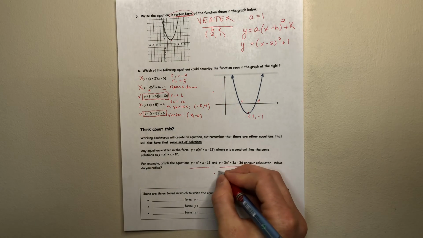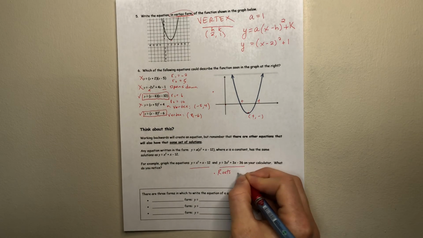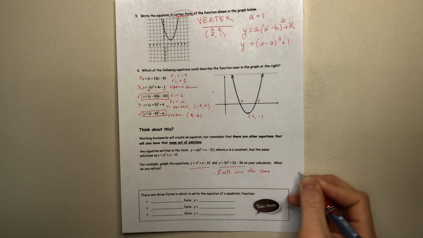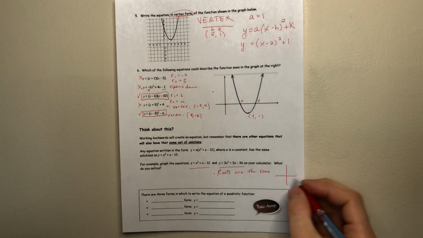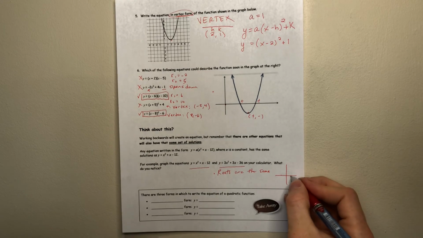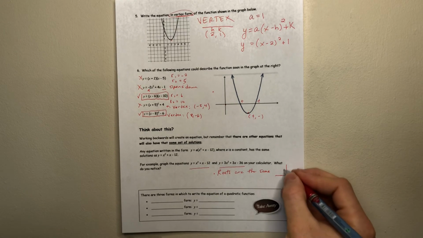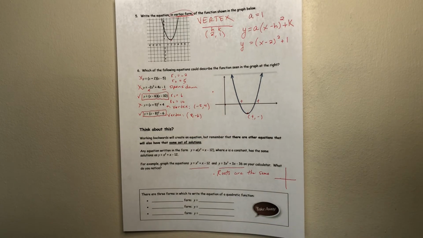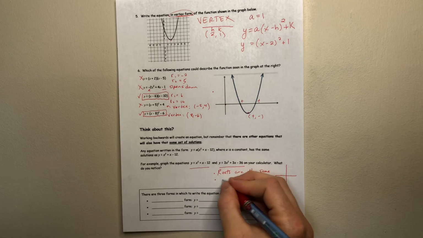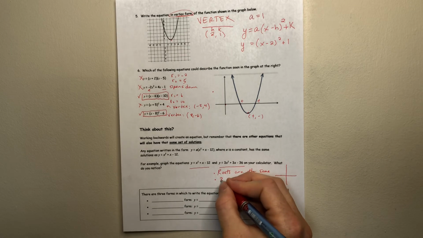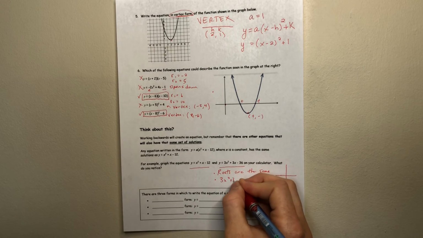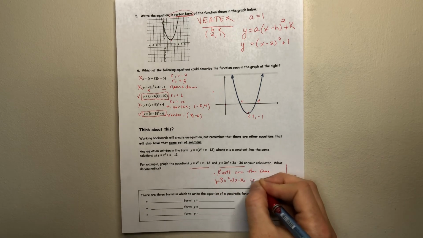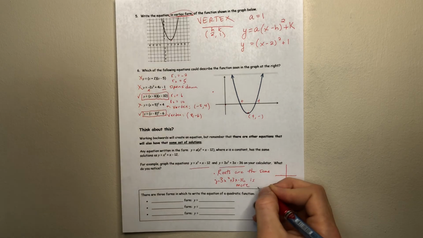The roots are the same. You can see they cross through the same places on the x-axis, but one of them is going to be skinnier and the other is going to be wider. So 3x squared plus 3x minus 36 is more narrow.